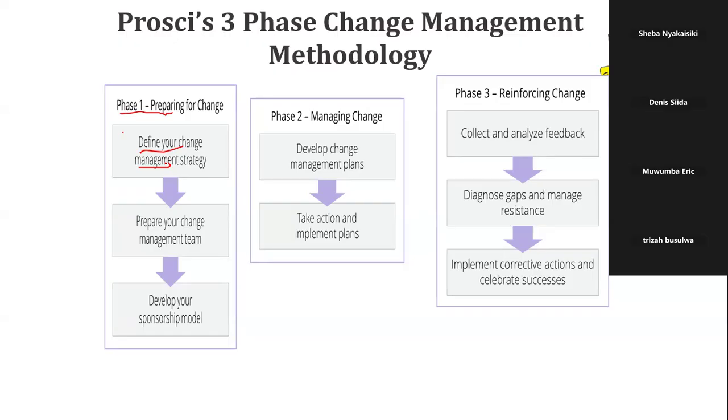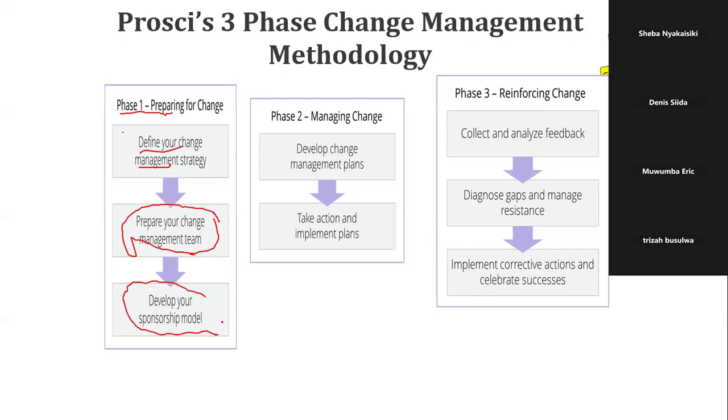How will they be affected? What will be the impact? Some impact may mean someone losing their job. For others, it may be more tasks are added to them, for others, tasks are reduced, that kind of thing. Now, of course, you don't work alone. You also prepare the team that is going to help you manage this change.